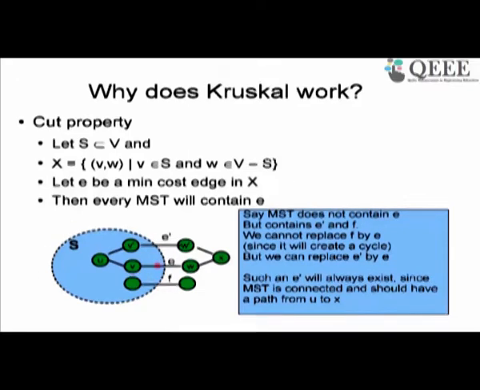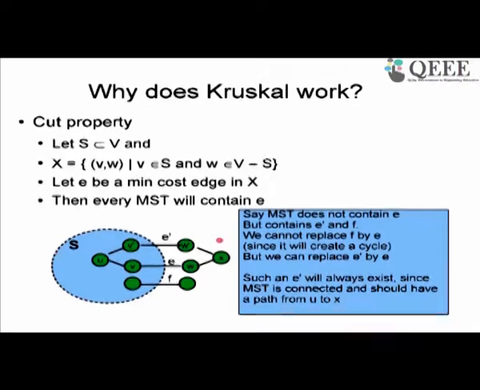I'm going to discuss something called the cut property, which we will discuss in much more detail in Thursday's class when we discuss network flow. But let S be a subset of V, a set of vertices. So you are dividing the vertices into two sets. Visited and not visited is what we did there.